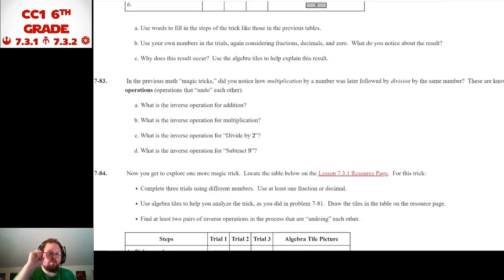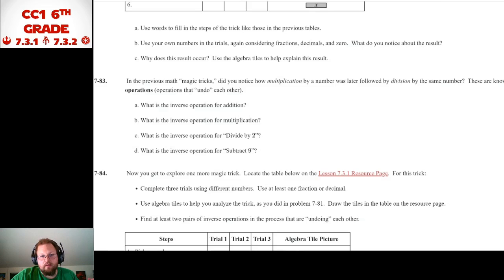The inverse of multiplication is division. And you could even get more specific. The inverse or opposite of dividing by 2 is multiplying by 2, or in other words, doubling it. The opposite of subtracting 9 is adding 9.